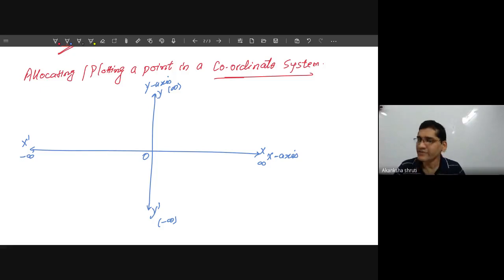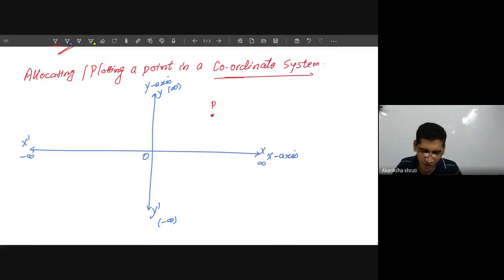If we are given any point, the point always lies in a plane. So where can the point lie? It can lie in any of the quadrants. Surely it will be in some quadrant. If I take this as the point P, how is this point specified?